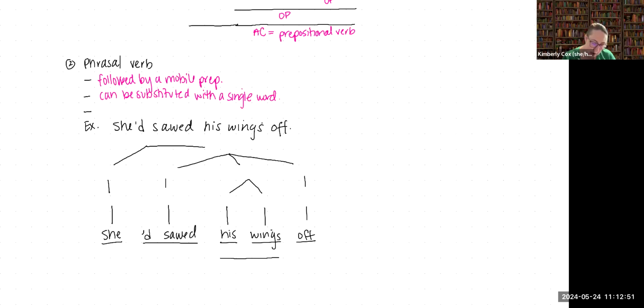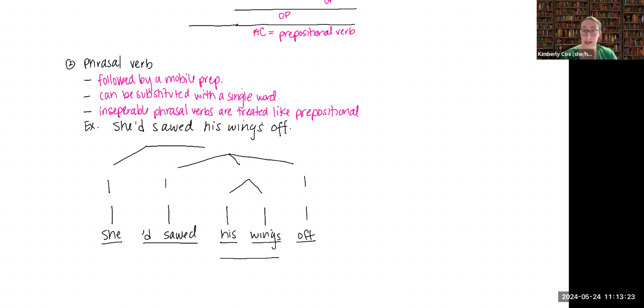And it's important to note that there are some inseparable phrasal verbs, which are just treated like prepositional verbs. Okay. The only thing that will distinguish inseparable phrasal verbs from prepositional verbs is that you can replace them with a single word.